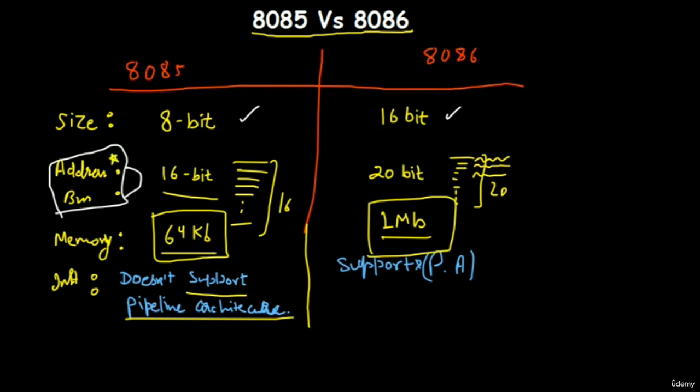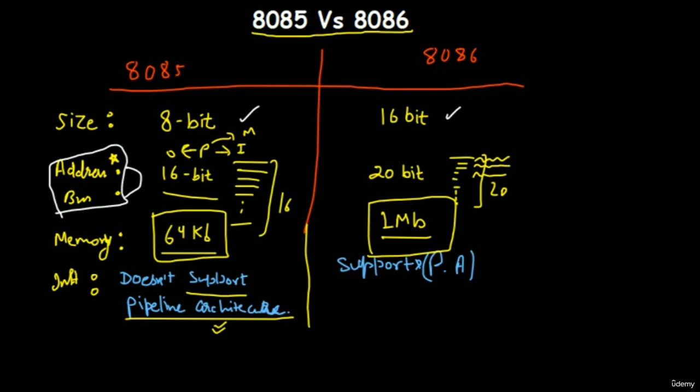The address bus is the communication, the highway between the processor and the input output and the memory. But inside the processor there is no pipeline structure, meaning there is only one path.